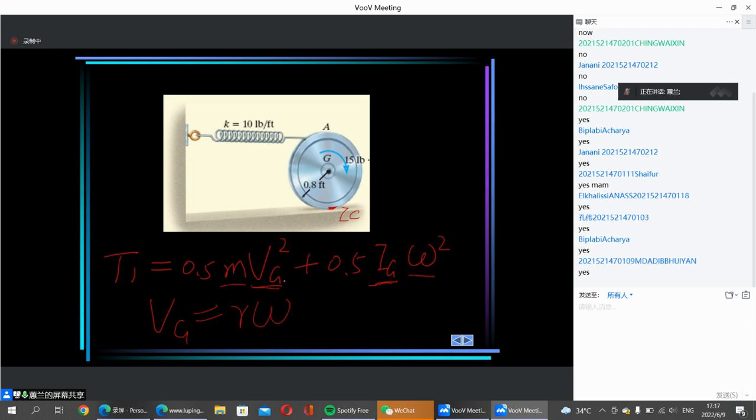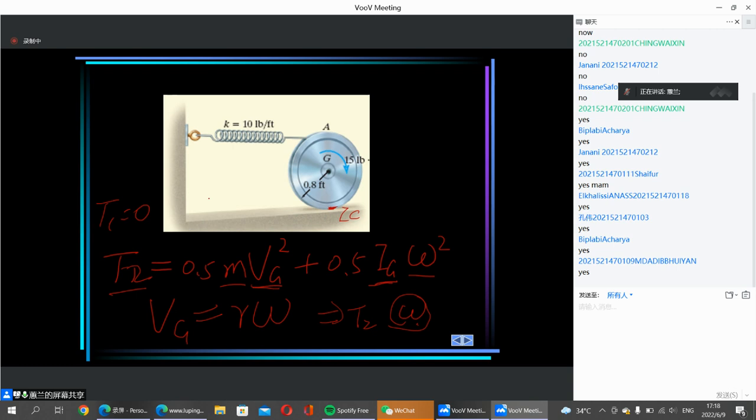After we replace V_G with R omega, T2 will be only a function of the angular velocity. So you see, one unknown. The initial kinetic energy T1 is equal to 0, and the final kinetic energy is expressed in terms of the angular velocity.